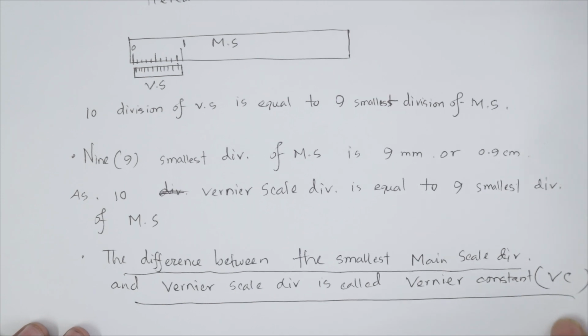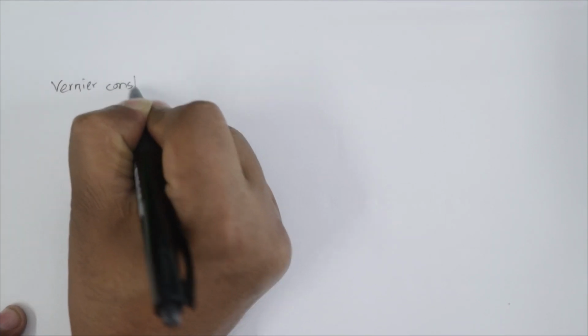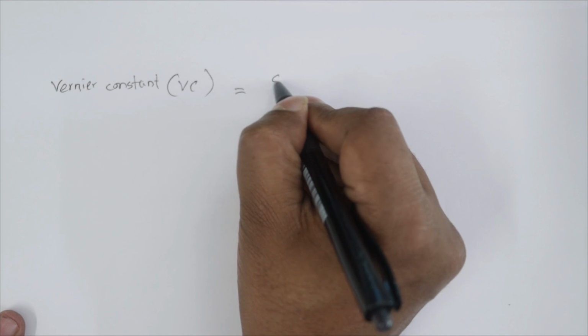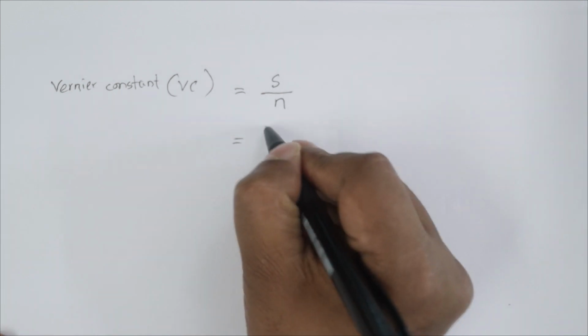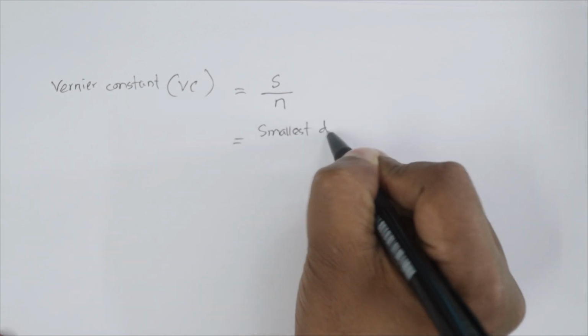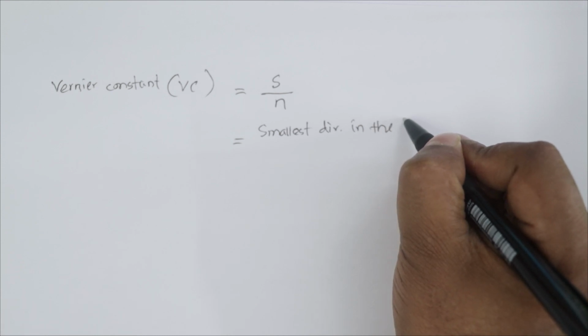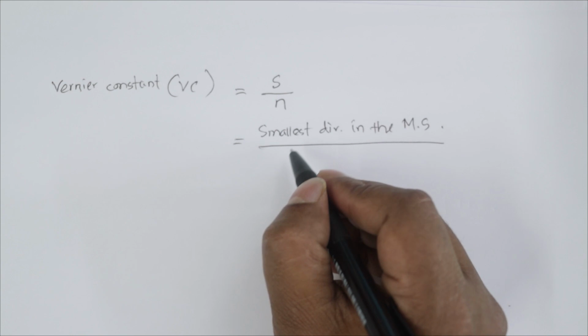So Vernier constant, VC, equals S divided by N. S is the smallest division of the main scale, divided by N, the total number of divisions in the vernier scale.